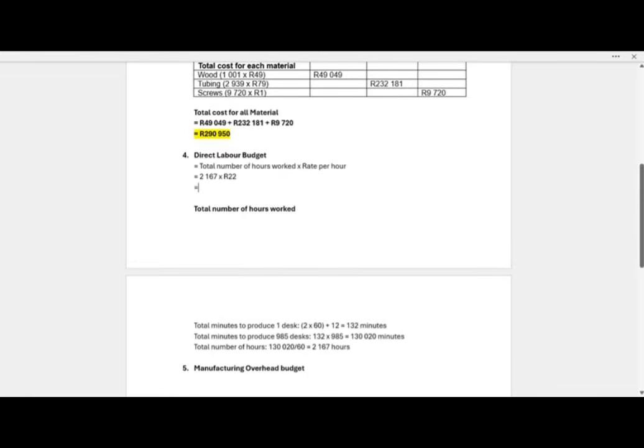How much is our direct labor budget? It's going to be 2,167 multiplied by 22. I am getting 49,674.